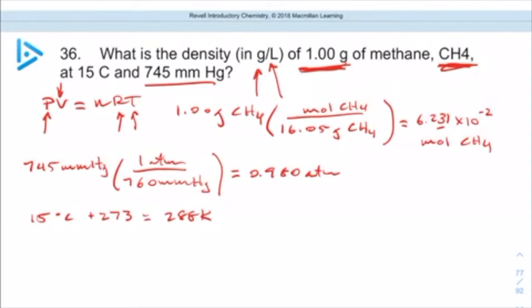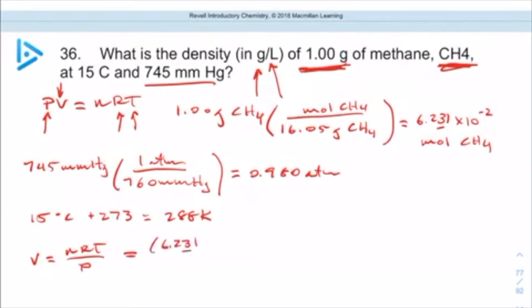So looking at the ideal gas law, if I get volume by itself on the left-hand side, volume equals nRT over P. So now I have the moles, I have the pressure, I have the temperature, and I know the R constant already, so I can solve for the volume. And that's the missing piece.